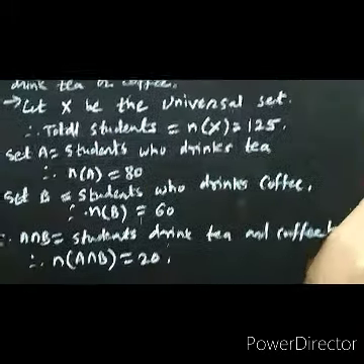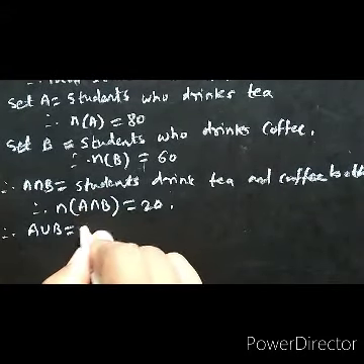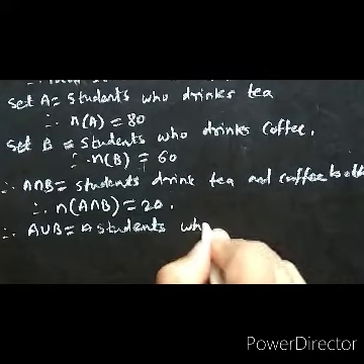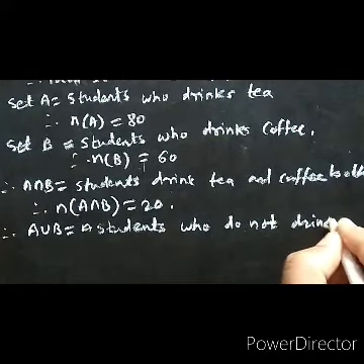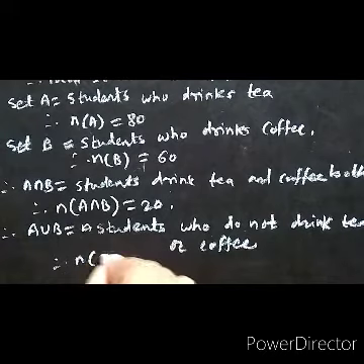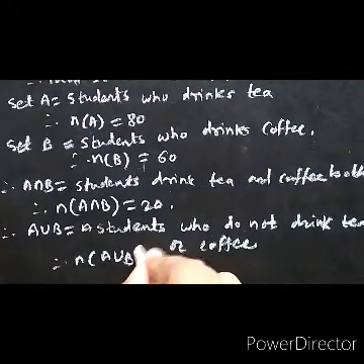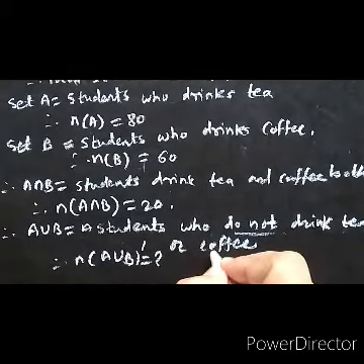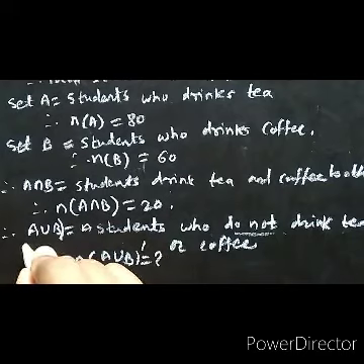It means that we have to find the complement of A union B. Students who do not drink tea or coffee is the complement, and those who drink tea or coffee are A union B. So here we have to find its complement.